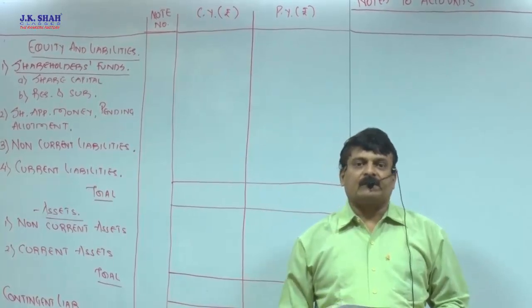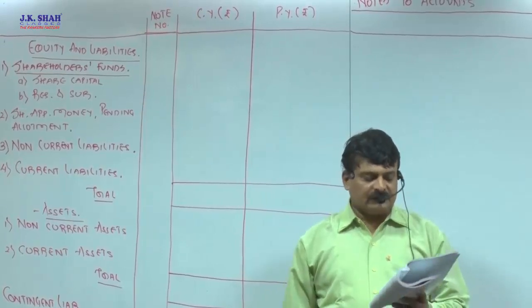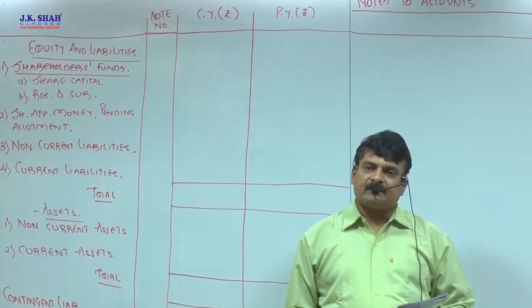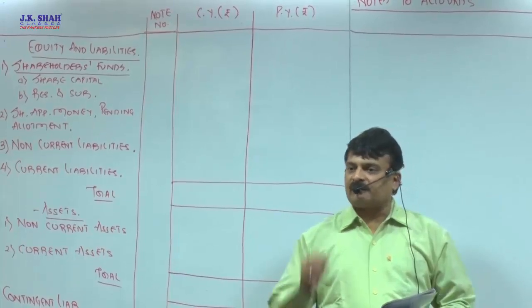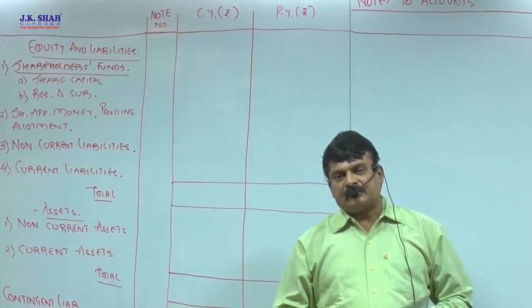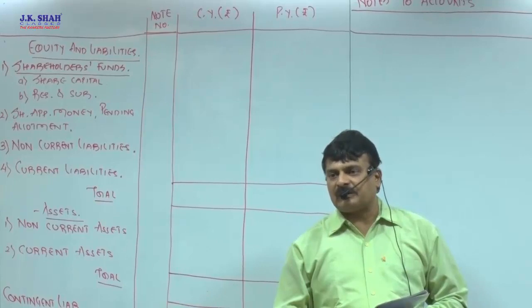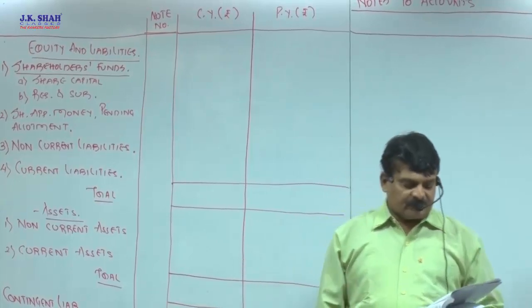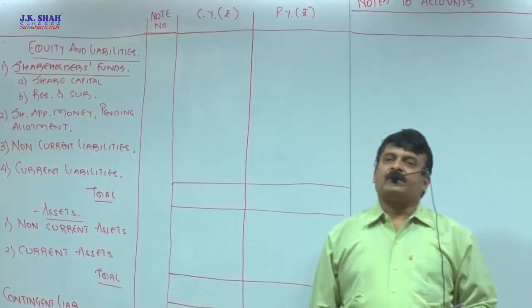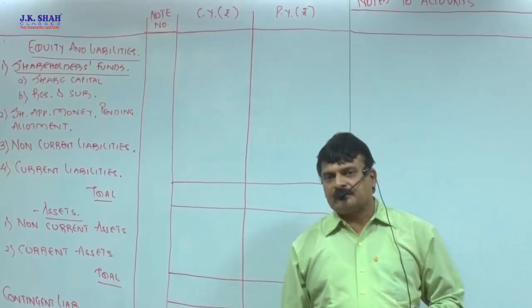Last head, current assets. First one in current assets is current investment. Those investments which are short term, which you are going to sell in less than 12 months. Inventories, all of you know. Inventory means closing stock.